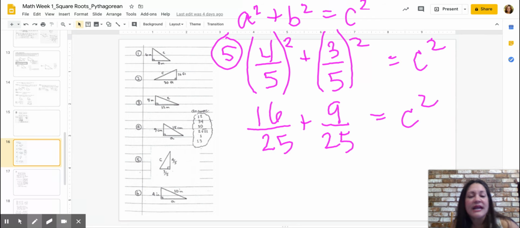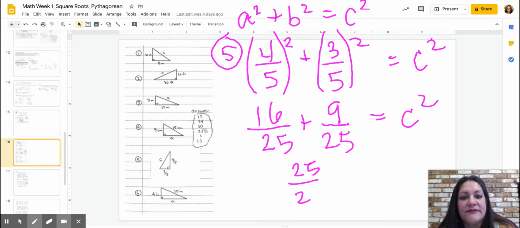Thank goodness they have the same denominator because I can add them easily. 16 plus 9 is 25 over 25, which is the same as 1 equals c squared.